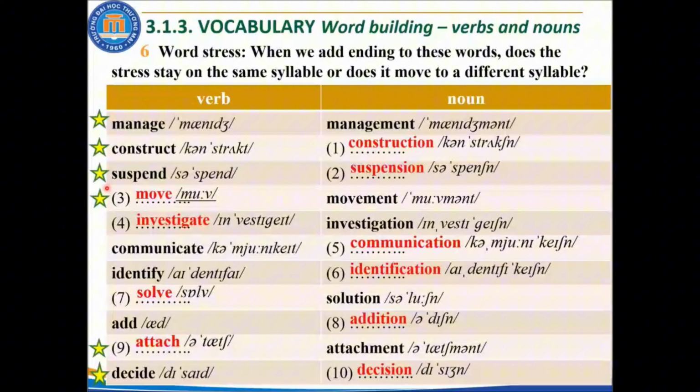Next one, suspend, suspension, move, movement, attach, attachment, decide, decision. Như vậy là với những cái từ mà có đánh dấu sao vàng này thì mình thấy là chúng ta đổi từ động từ sang danh từ thì cái trọng âm vẫn không thay đổi.